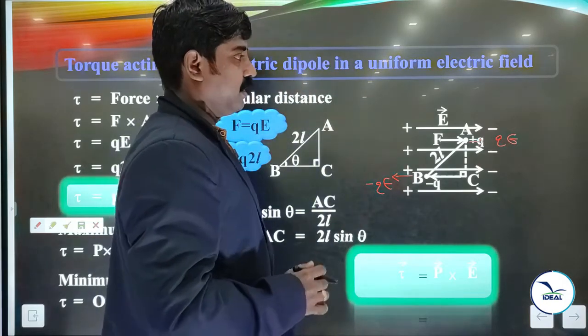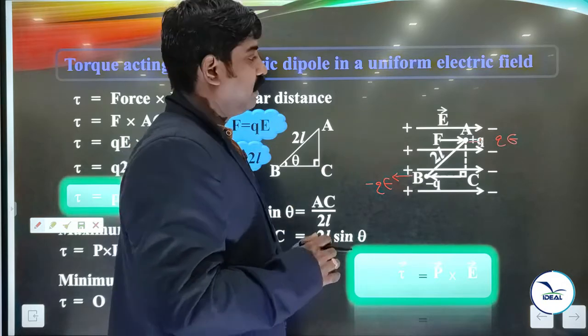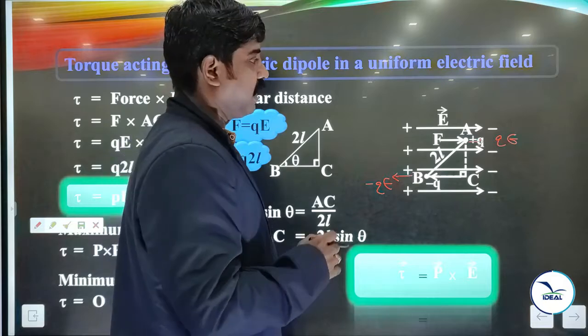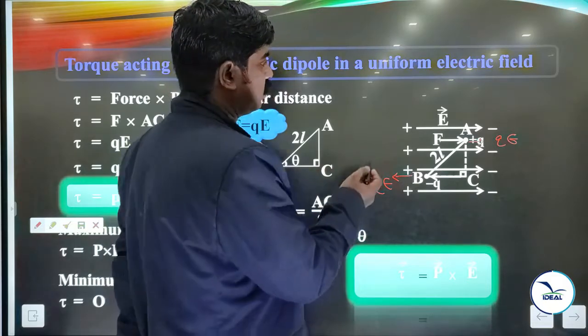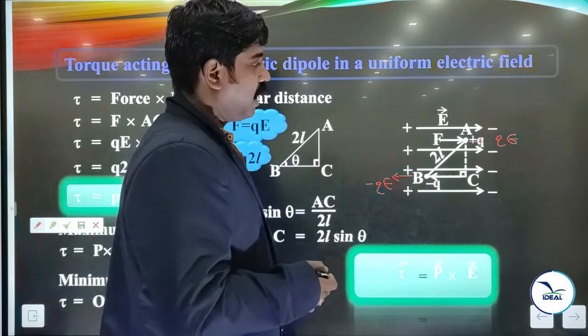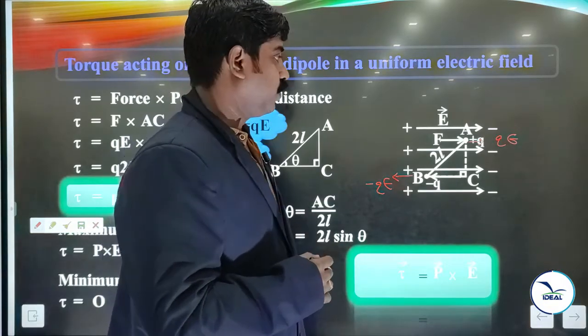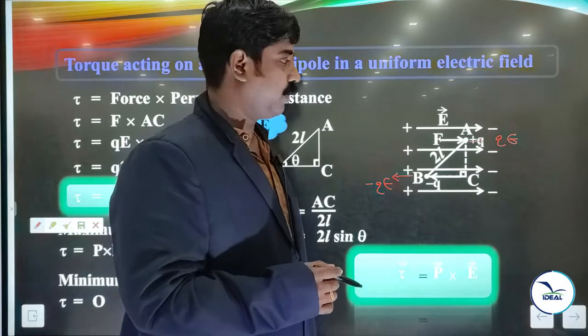Since it is a uniform electric field, there will not be any translational motion, because the net force becomes 0, and there is a possibility of a torque. So that torque we can find out.